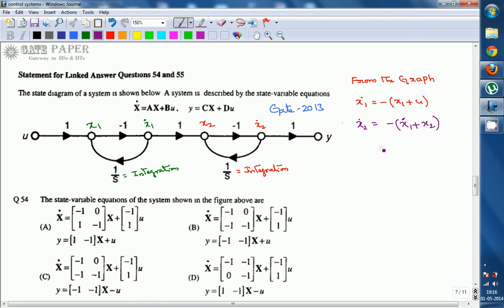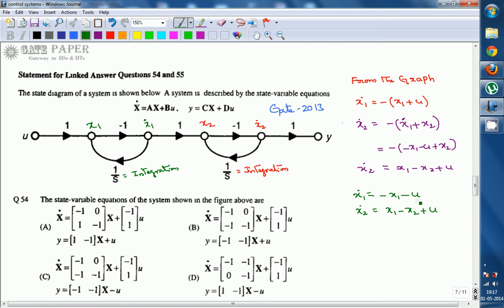So x1 dot is nothing but minus x1 minus u plus x2... so we get x2 dot equals x1 minus x2 plus u, and from x1 dot we get x1 dot equals minus x1 minus u, and x2 dot equals x1 minus x2 plus u.